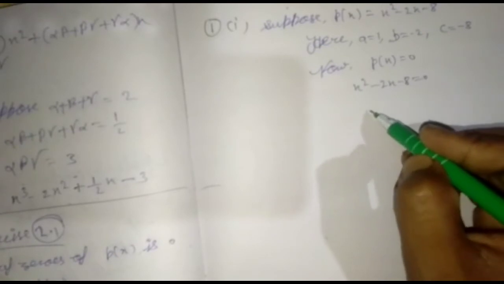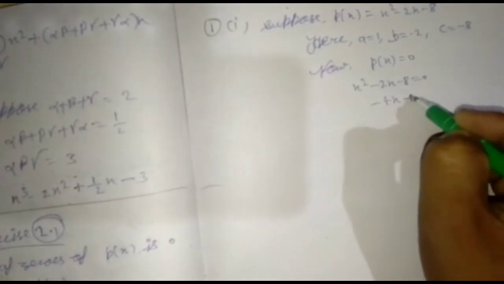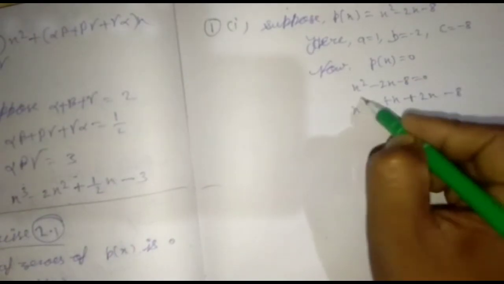So we will split minus 2x into minus 4x plus 2x, and again we write the remainder, x squared and minus 8.